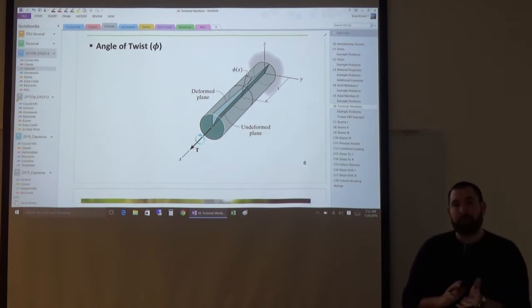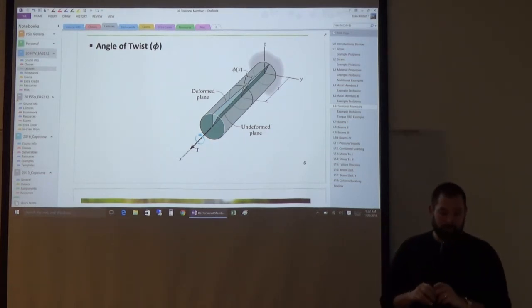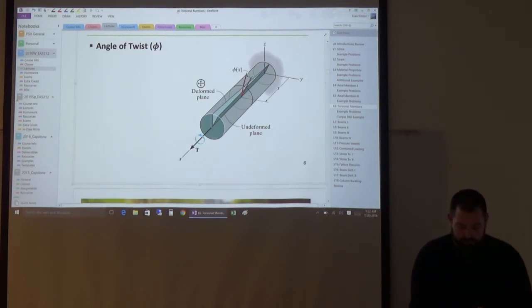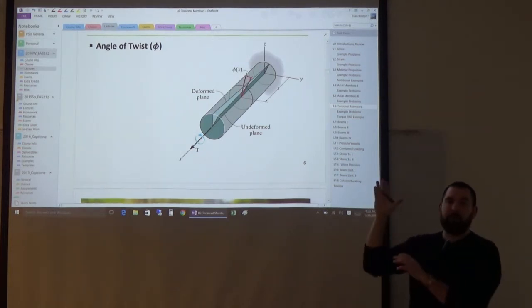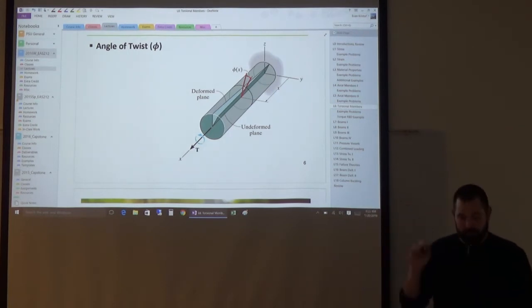All right, so your book goes through the derivation. I go through it in a separate video that you can look at on your own time. But we're just going to walk through it briefly. And the big goal here is trying to relate a couple different things. So the angle of twist is the relative amount of rotation of one cross-section relative to another. How much do they rotate about the longitudinal axis relative to each other? That's one part of this.